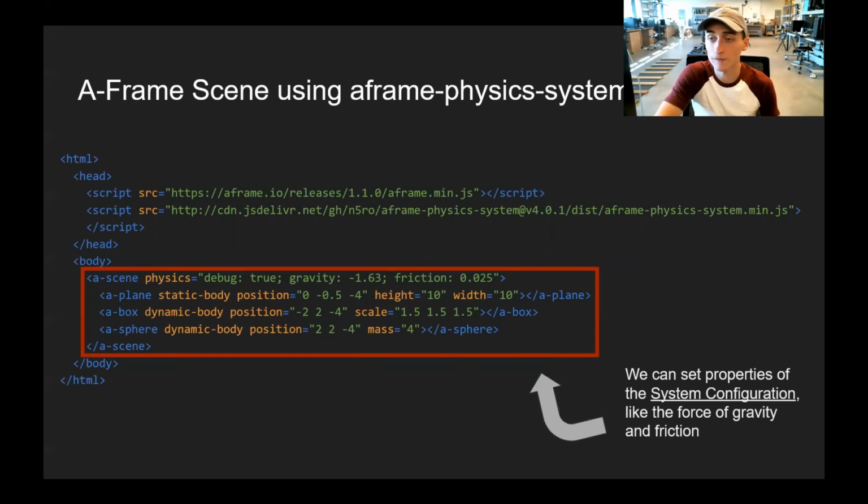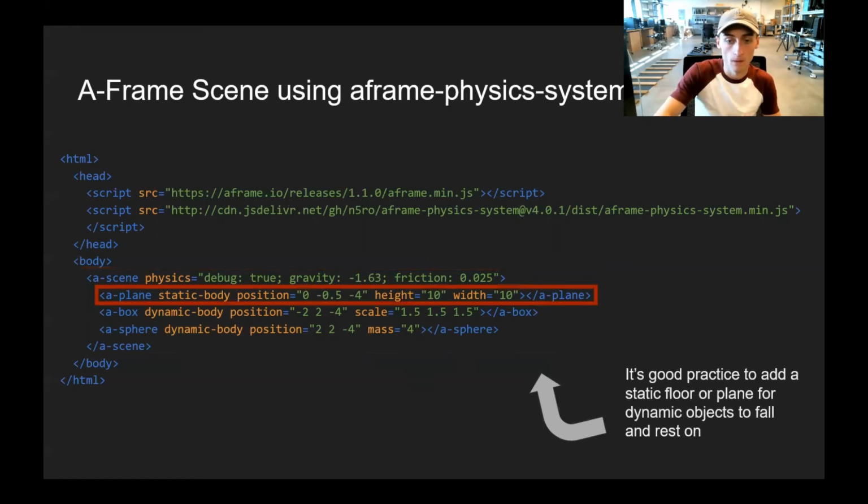You can also set friction for all the objects in the scene. There's a huge number of other properties you can set for the system configuration of the physics, but those are in the GitHub repository documentation, so if you want to try more of those out, definitely check it out.